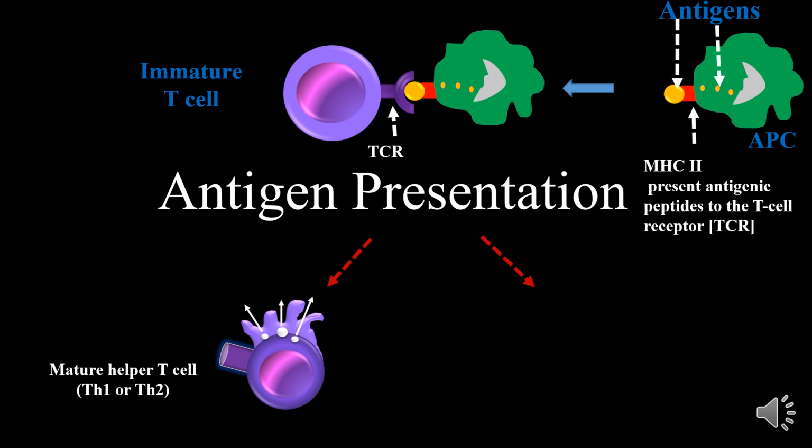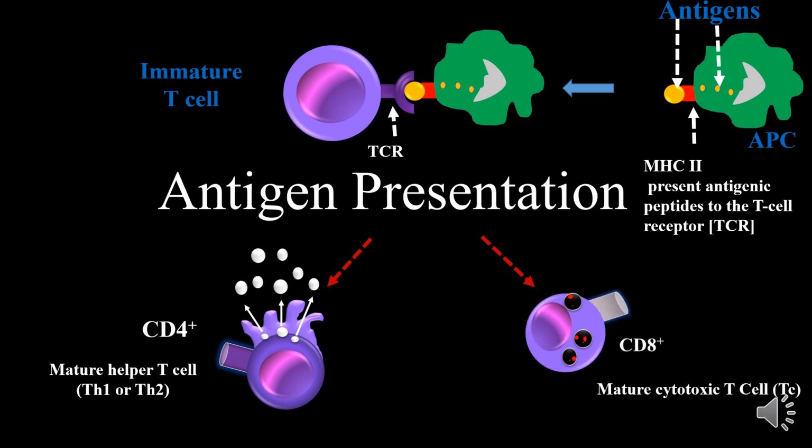The first kind of maturation process leads to formation of mature helper T cells, Th1 or Th2. These have CD4 on their surface, and on maturation they release certain cytokines which have an important role in the process of immunity.